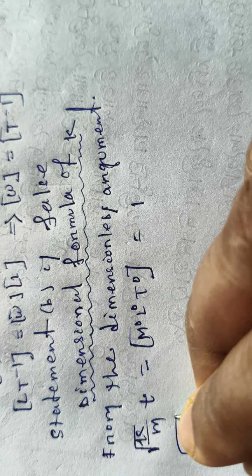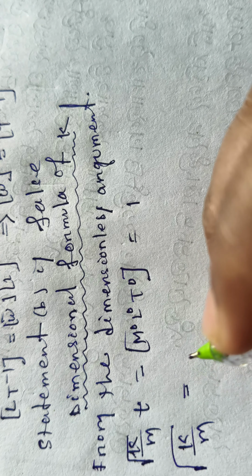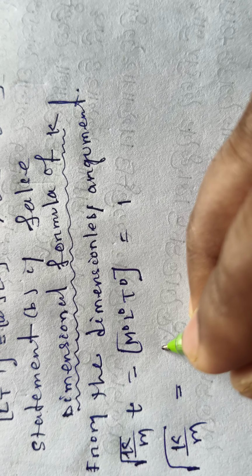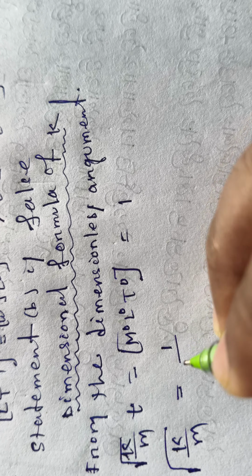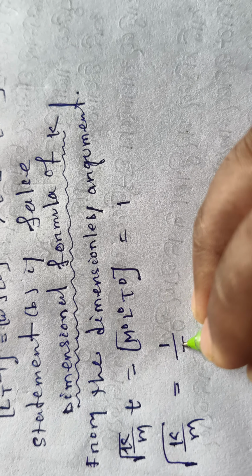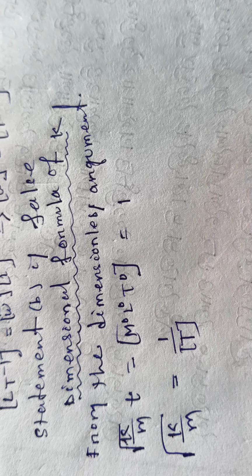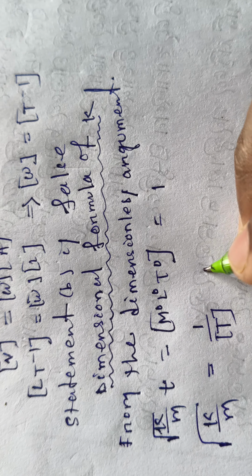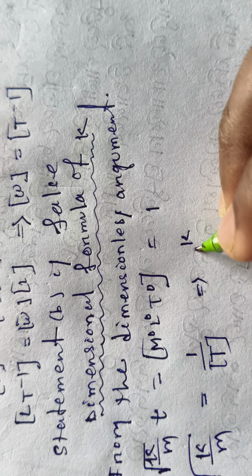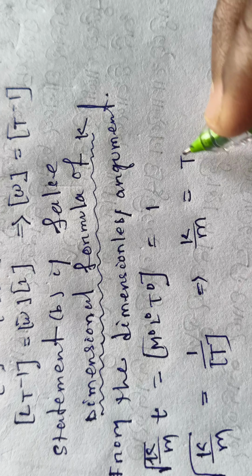So K by M root over is 1 by T. That implies K by M is equal to T to the power minus 2.